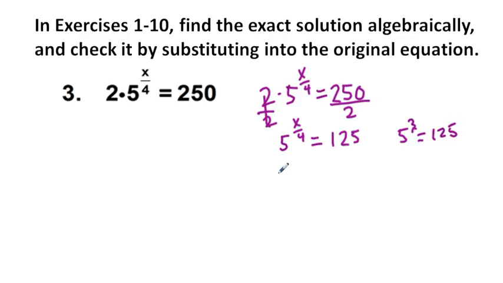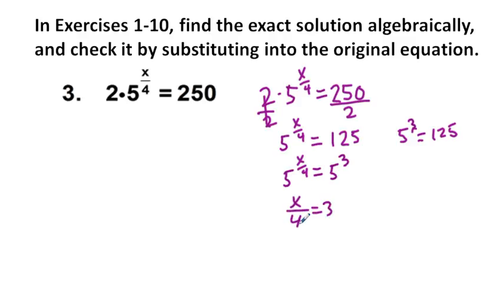So on the left side I'm going to put 5 to the power of x over 4. But on the right side, instead of 125, I'm going to put 5 to the power of 3. And so now, in the exponent's place, across the equal sign, we have x over 4 is equal to 3.